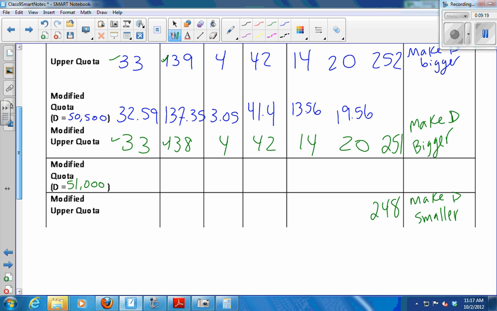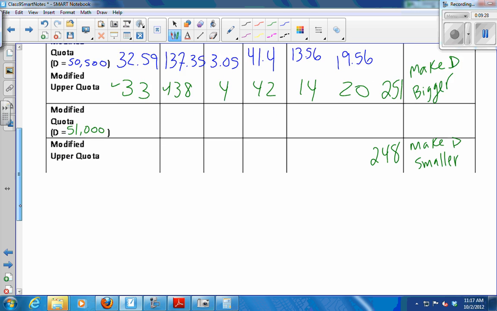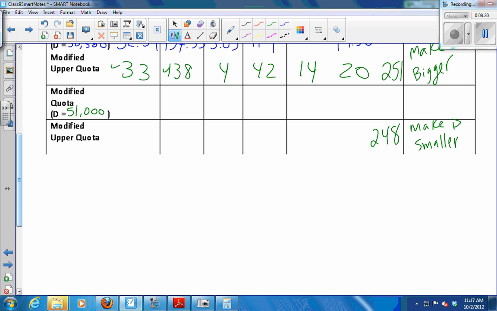That's a pretty small jump from 50,500. Maybe 50,700, yeah, that sounds good. Let's try 700. 50,700 is going to be my new D here. So these methods can take a little bit of trial and error. You might have to go through a couple of times here.